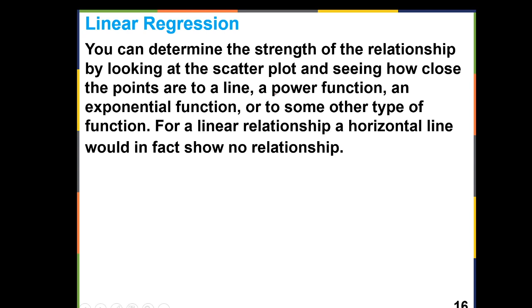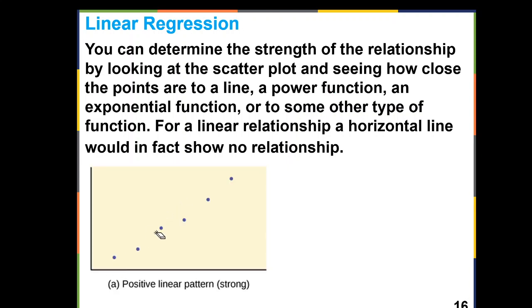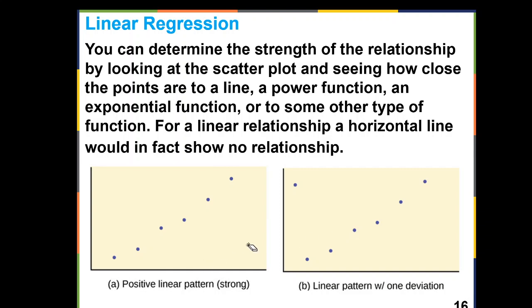Now, the question is the strength of the relationship. We can look at the scatter plot, for example, here. These two, both of them have what? Positive correlation. But if you draw a line through the points, like this, you see that in this case there are some points, like this one, that are far away from the line, and here most of the points are close to the line.